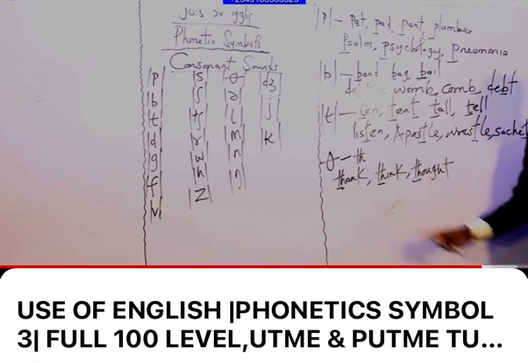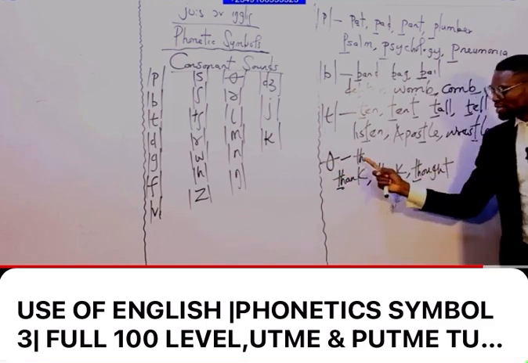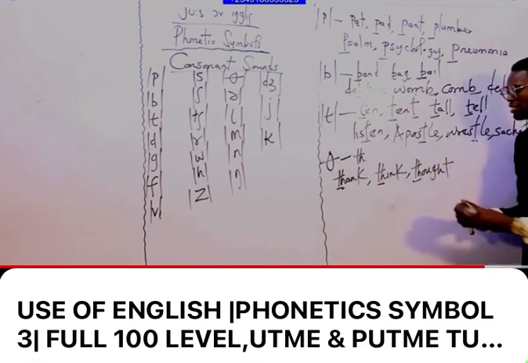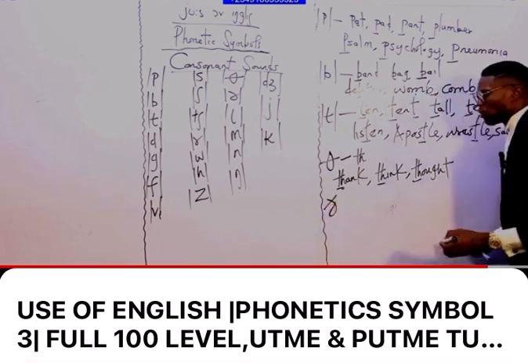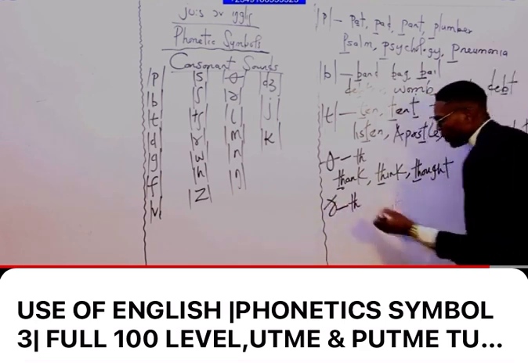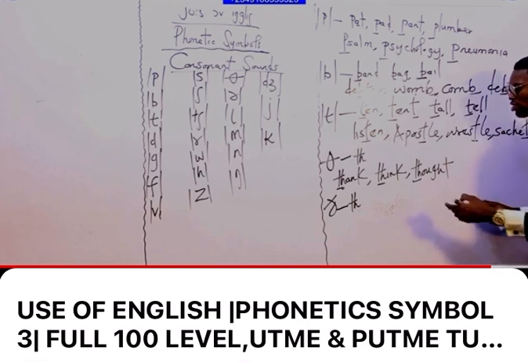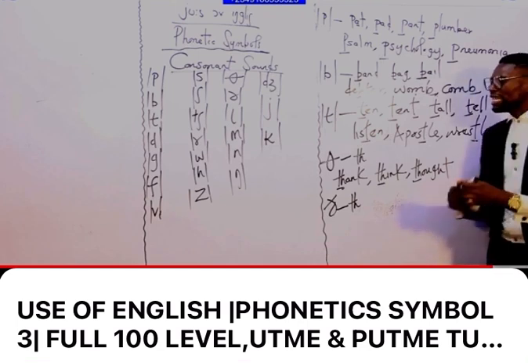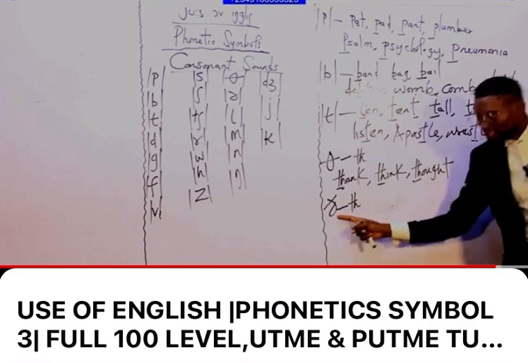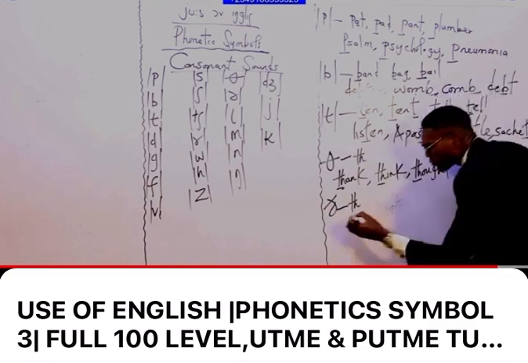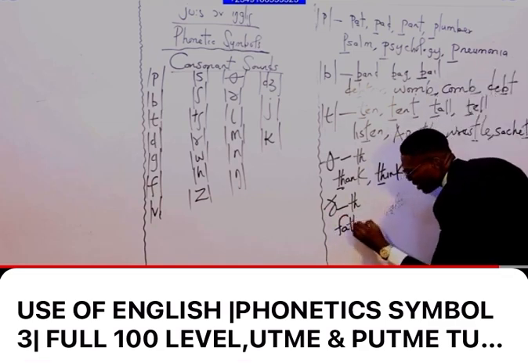So where I have a sign that is voiceless with TH, like I have this, then I have this other sign which is also for TH, but it is voiced. In this context, the difference between this and this is that this is voiceless and this is voiced. For example, I have father.